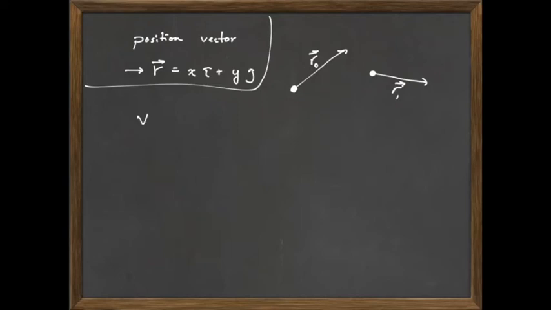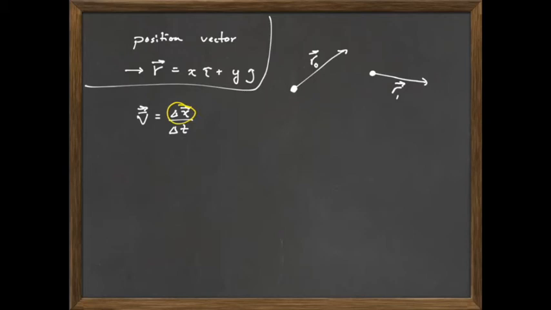Well, average velocity depends on the displacement, and all the time does, since it's a scalar, is scale that down. So if we're going to find the average velocity, at least its direction, we have to know the direction of the displacement.